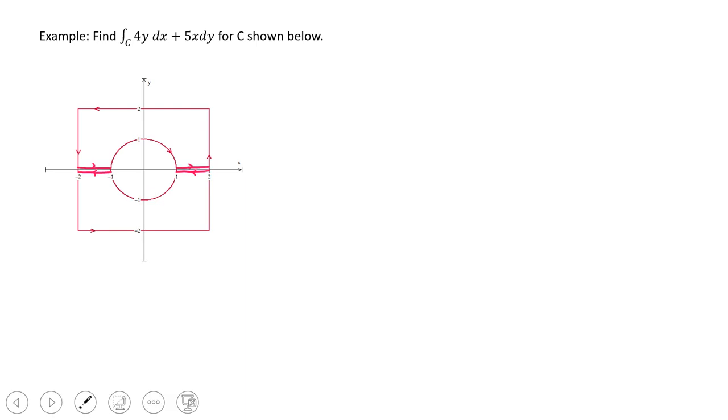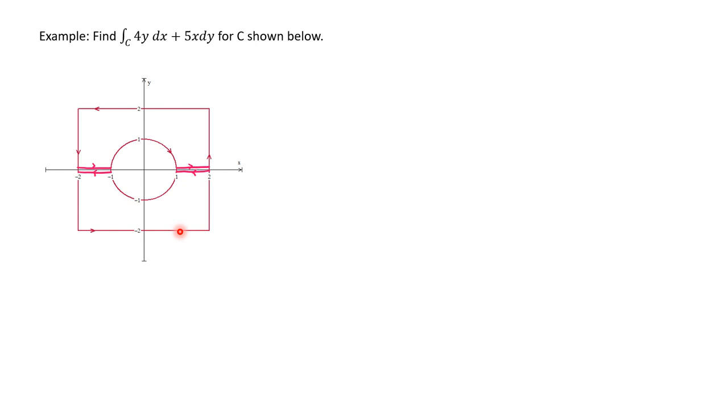So my little trick is I can add some extra paths so that this becomes really just one pathway. Let me try to trace it with my pen.